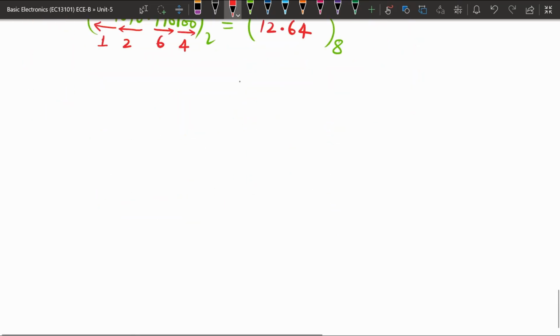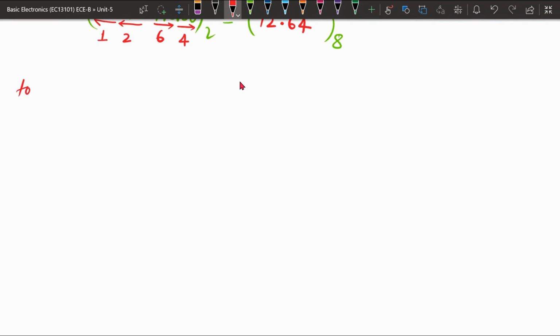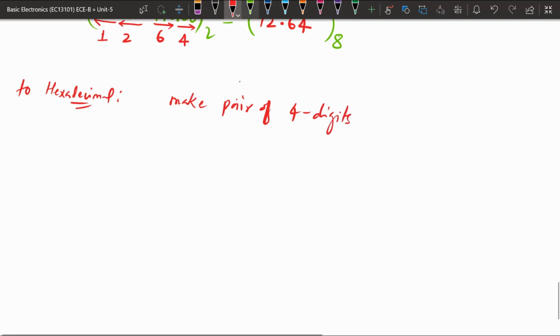So next one is, we need to convert binary to hexadecimal. To convert any binary to hexadecimal, we again need to make pairs of 4 digits. So in the octal we have made the pair of 3 digits.